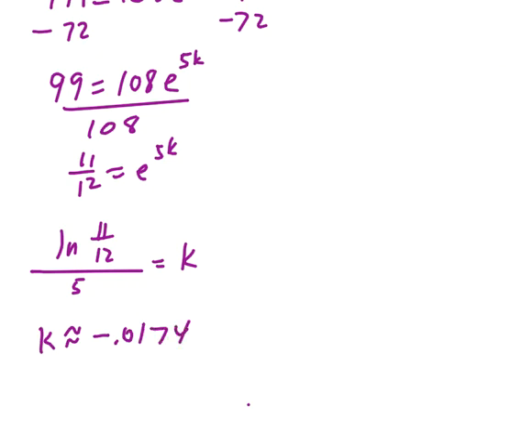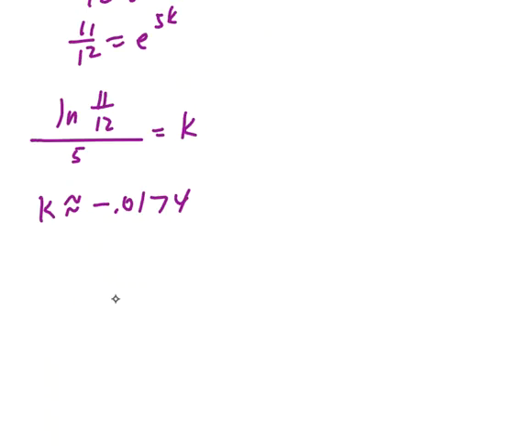Okay. Then the next part, because I'm not done yet, my goal is to find out when would it be that ideal temperature, because that's really more important to me. And so T is equal to that 108 e to the negative 0.0174 t, and then plus 72.